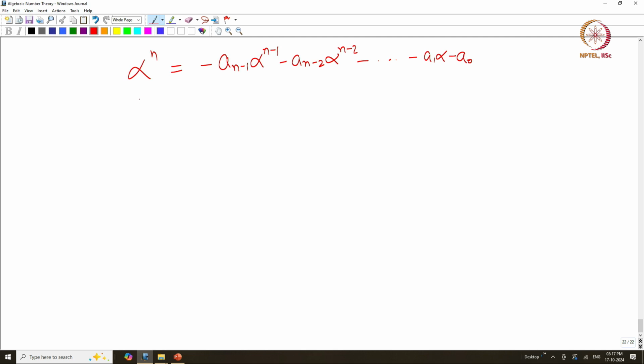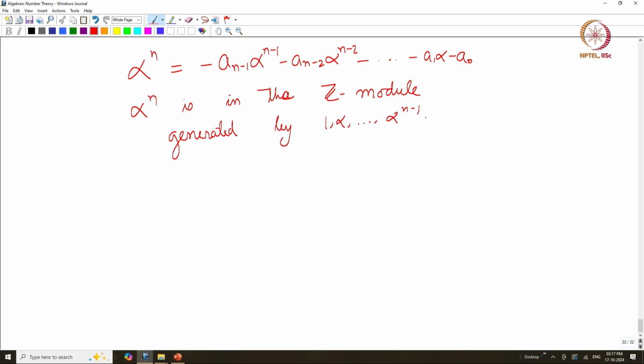Okay. So, in particular alpha to the n is in the Z-module generated by 1, alpha, up to alpha to the n minus 1. Once you have that, you can write alpha to the m as alpha to the m minus n times alpha to the n.